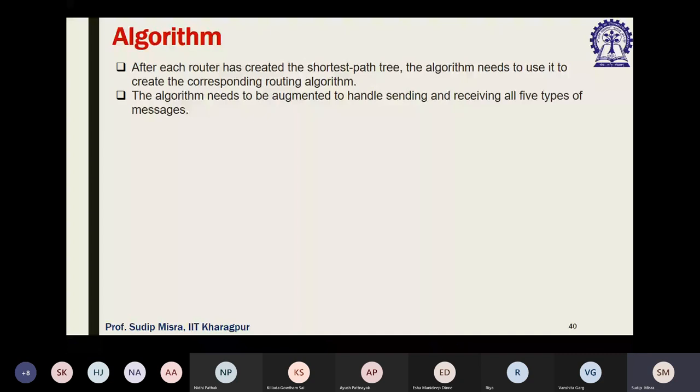No, the details of the algorithms are not there. Only this much is mentioned. Okay, so this is fine.